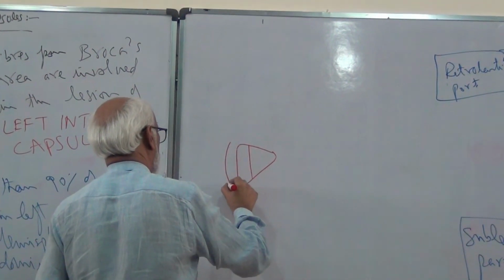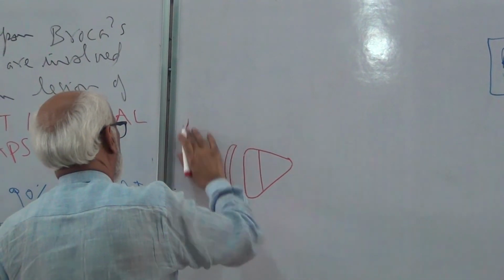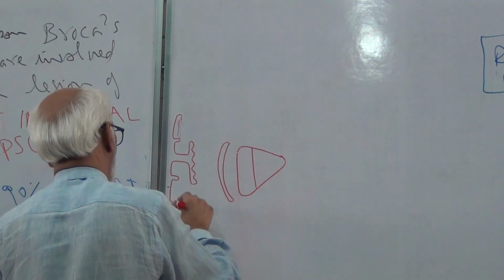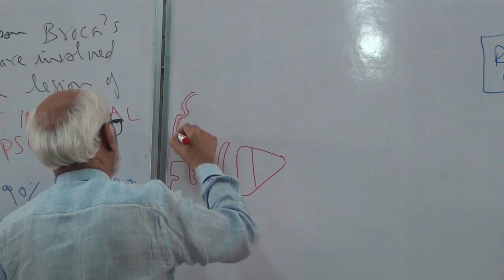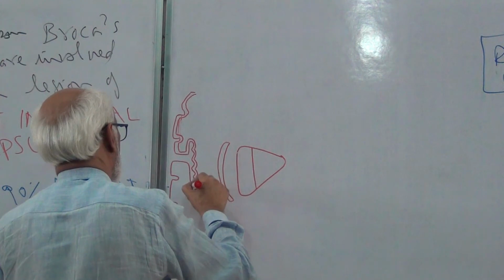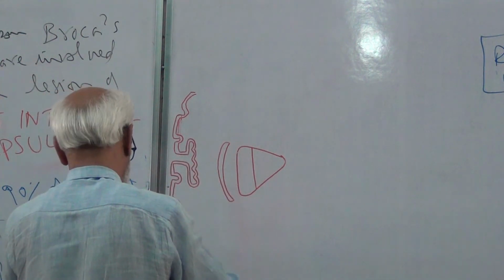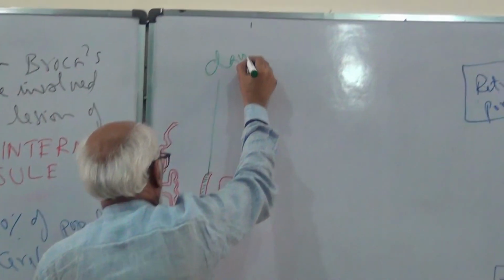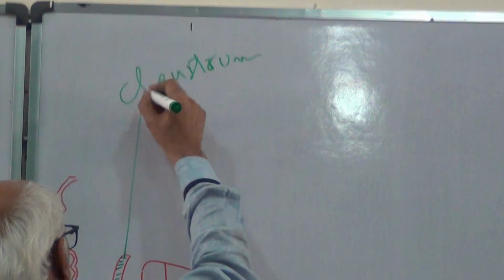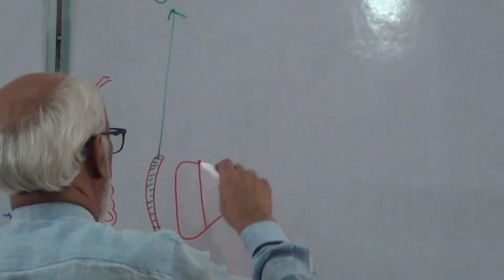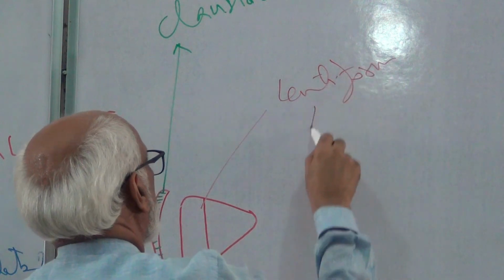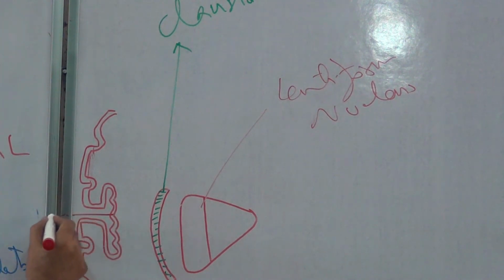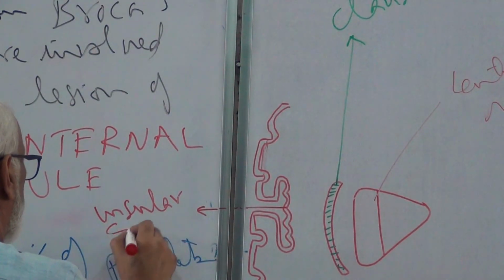Then this is the claustrum, and then the gray matter of the insula, the insular cortex.